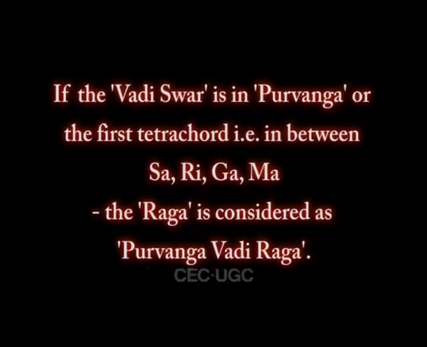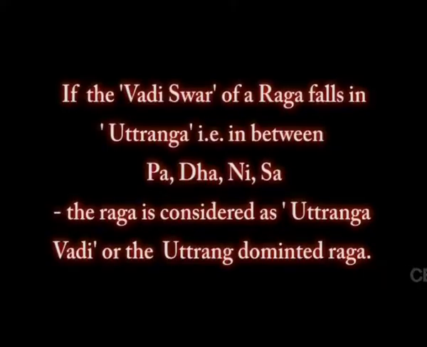If the Vadi Swar is in Purvang or the first tetrachord, that is in between Sa Re Ga Ma, the rag is considered a Purvang Vadi rag or Purvang dominating, and the time for such a rag is determined in the Purvang of day and night, that is between 12 midday and 12 midnight.